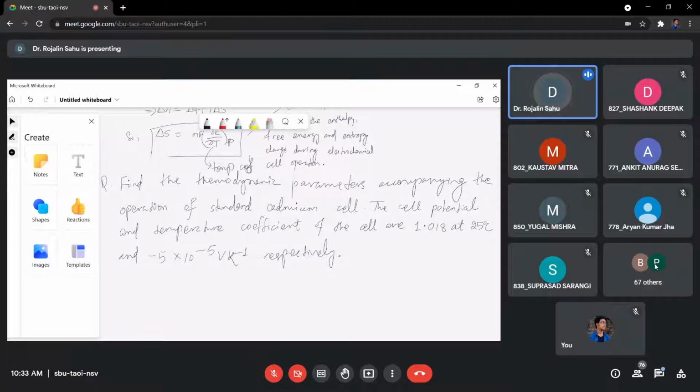The cell potential is 1.018 at 25 degrees Celsius, and the temperature coefficient is -5 into 10 to the power -5 volt per Kelvin. Then you have to find out del G, del H and del S.